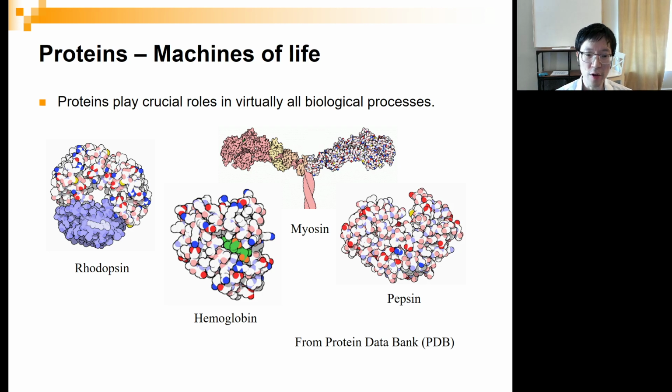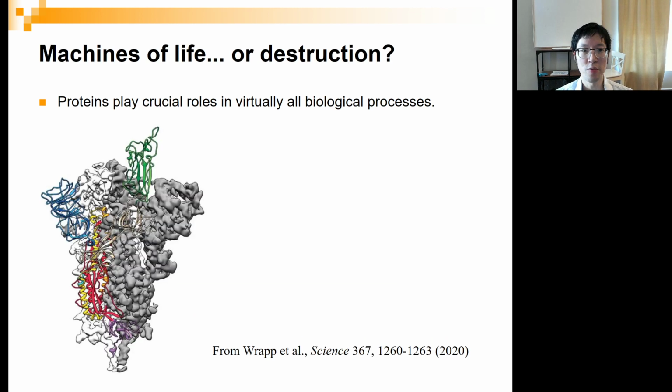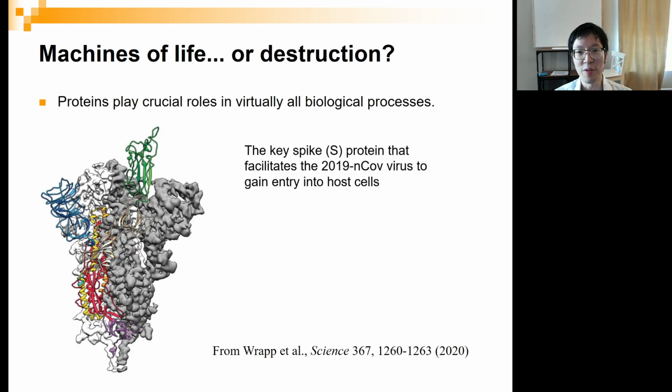But before I go there, I want to show you another example of a protein structure. Here's another picture of a protein. In contrast, this is an example of a protein that I certainly pray is not in your system. This is, in fact, the spike glycoprotein, or the S protein, that is a crucial part of the coronavirus, and it is what allows the coronavirus to gain entry into host cells.